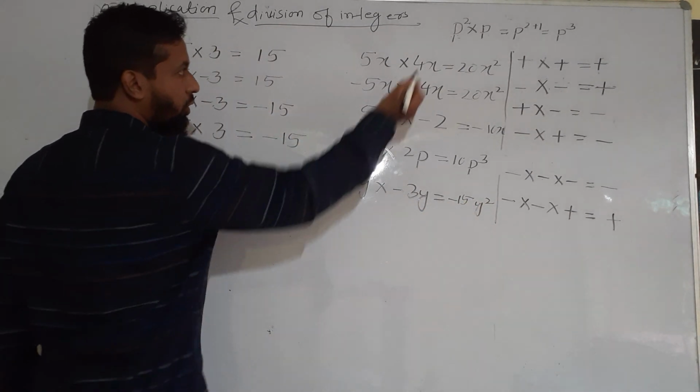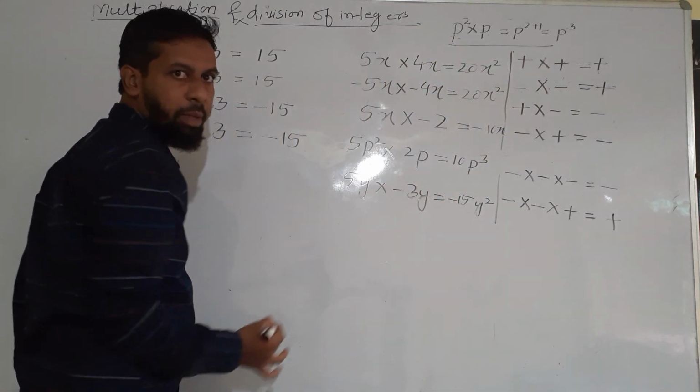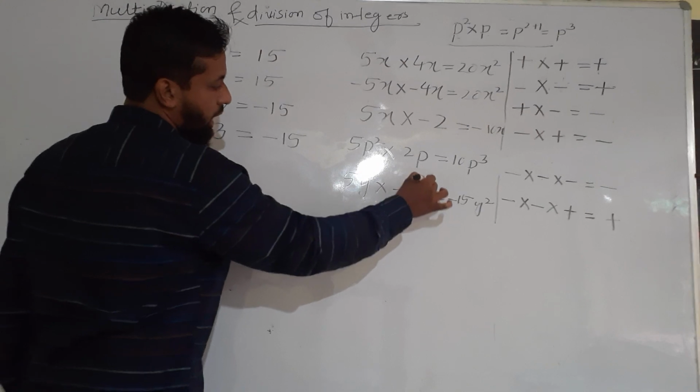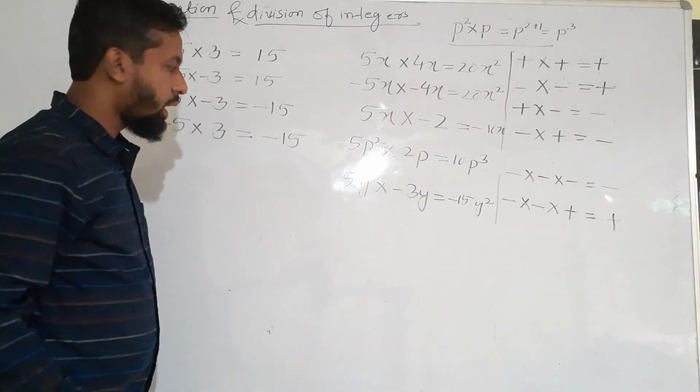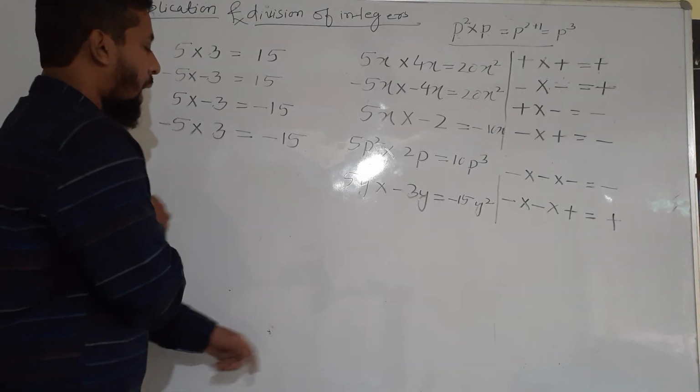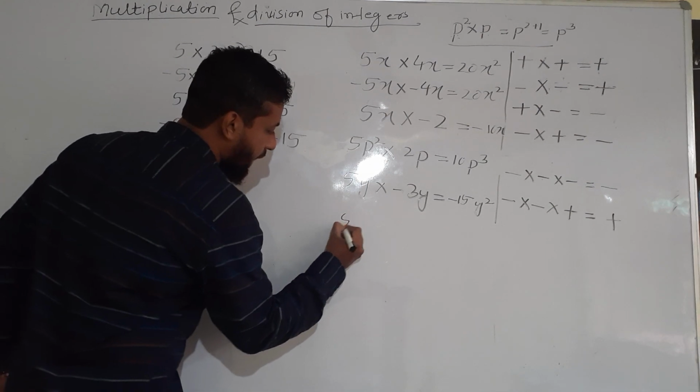As I said, if bases are the same, powers can be added. Here the power is 1, here the power is 1. So y into y will be y square. Now, suppose I take one example.